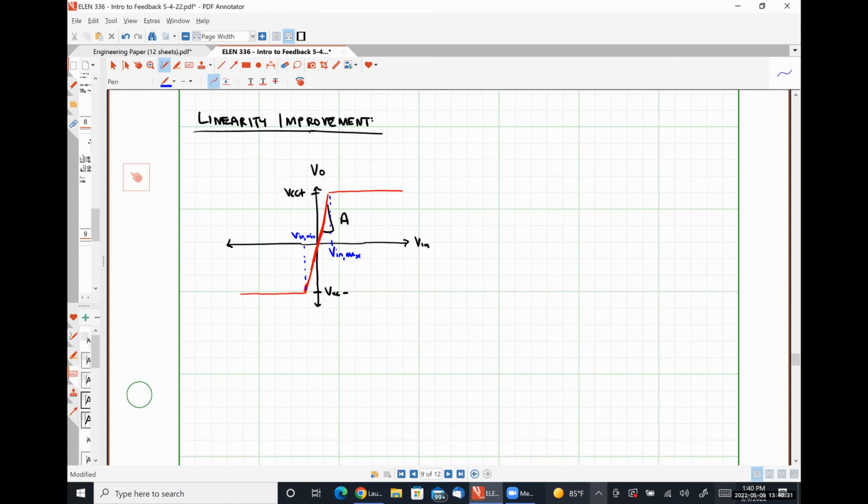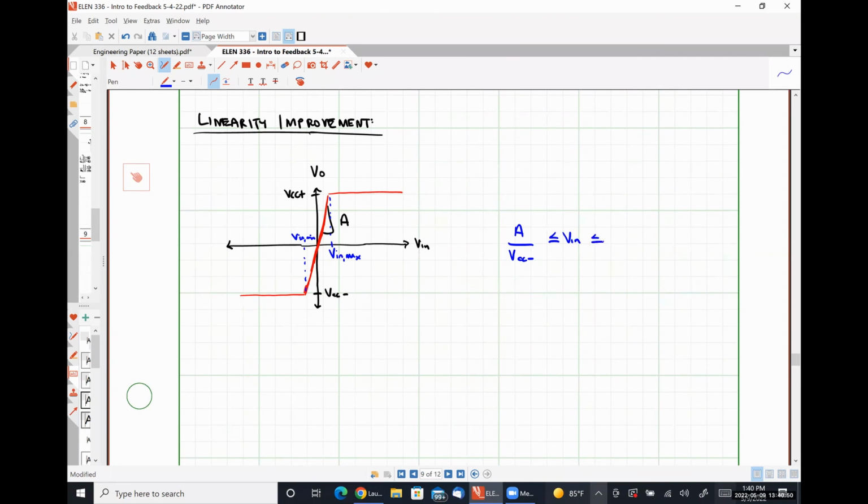We defined this back in circuits 2 as simply Vin being less than or equal to A over VCC minus, to less than or equal to A over VCC plus. So that's our linear range, right?